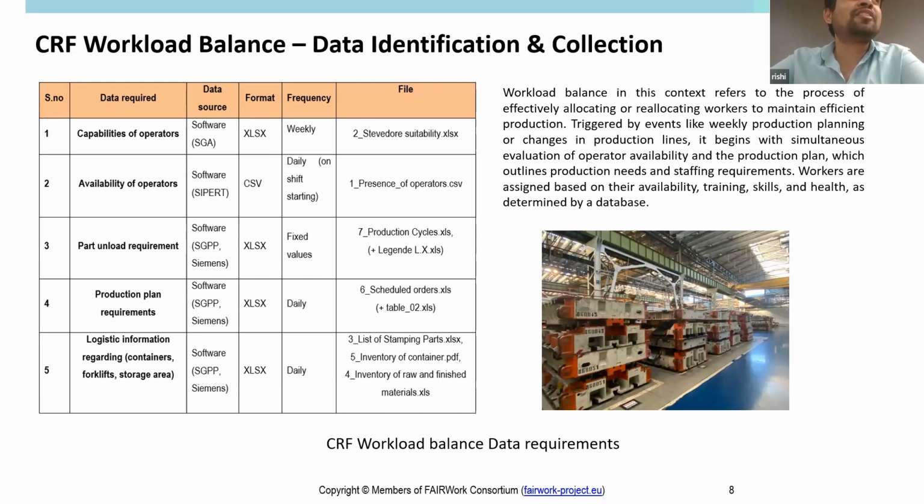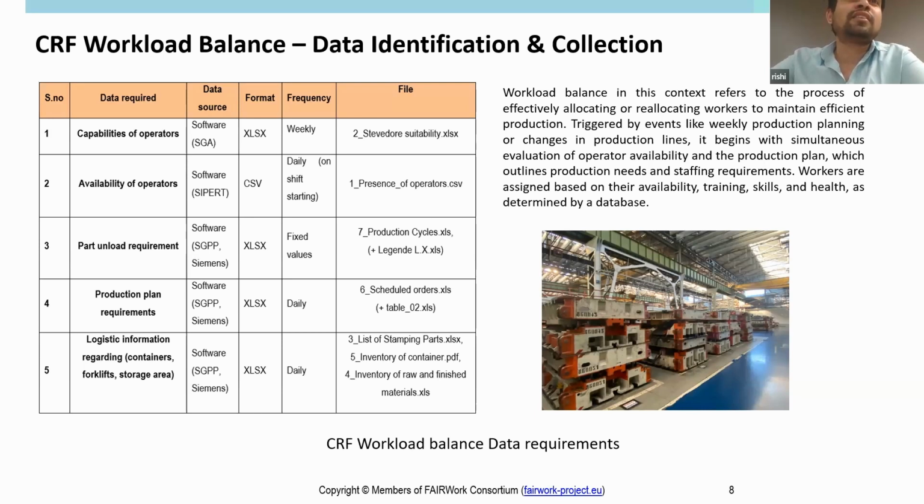The plant has information about operators' physical capabilities as well as medical conditions, such as whether they can work at the end of the line to carry these parts, because these parts can vary in size, shape, and length. The availability information is required so that the line manager can see who is available on the given day, and then assign these operators to the end of these lines.